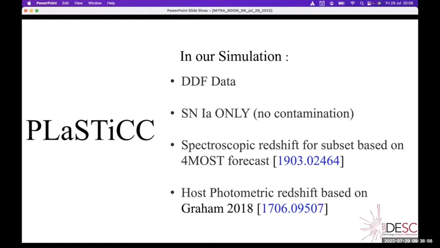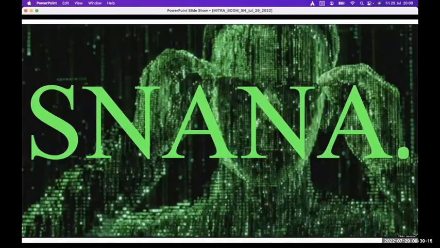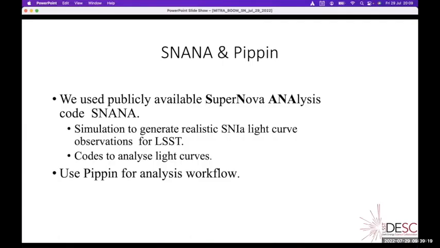So with all these science inputs, we still needed to churn them all and get the light curves with which we would do the subsequent analysis. With that, we use the simulator called SNANA, like Rebecca just mentioned in the previous talk. SNANA stands for supernova analysis.